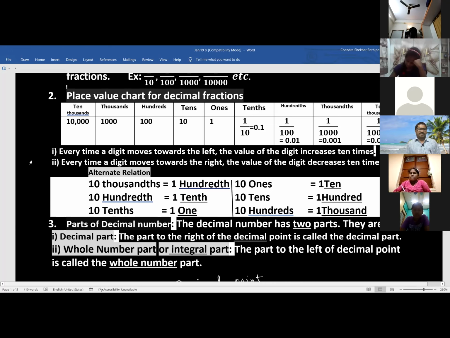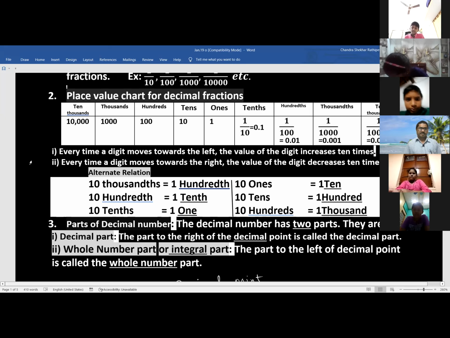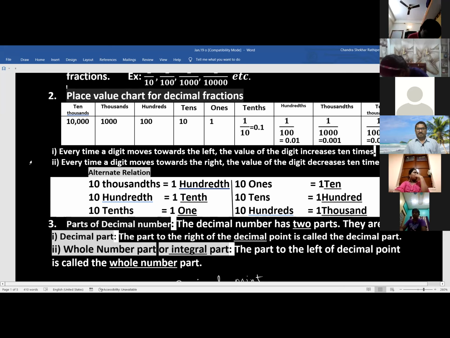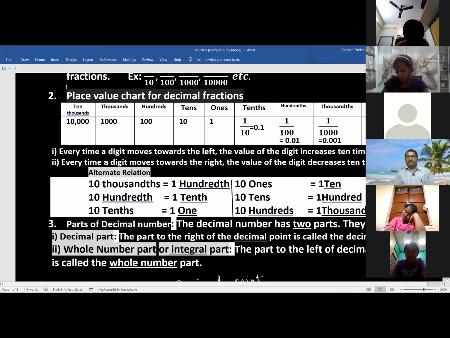Every decimal number has how many parts? Karthikeyan. Sir, two parts.